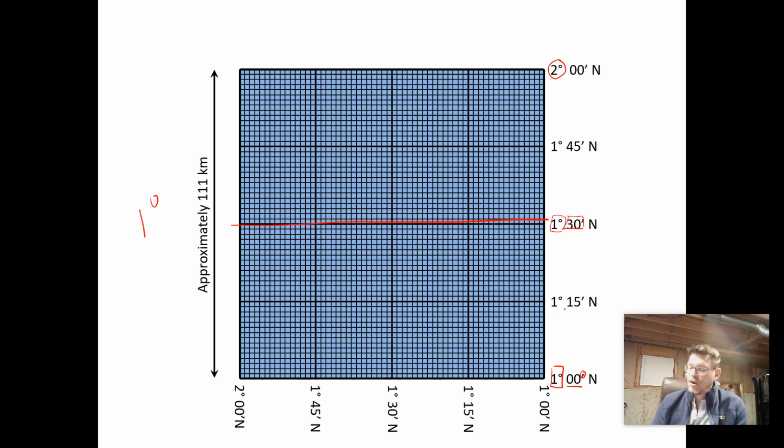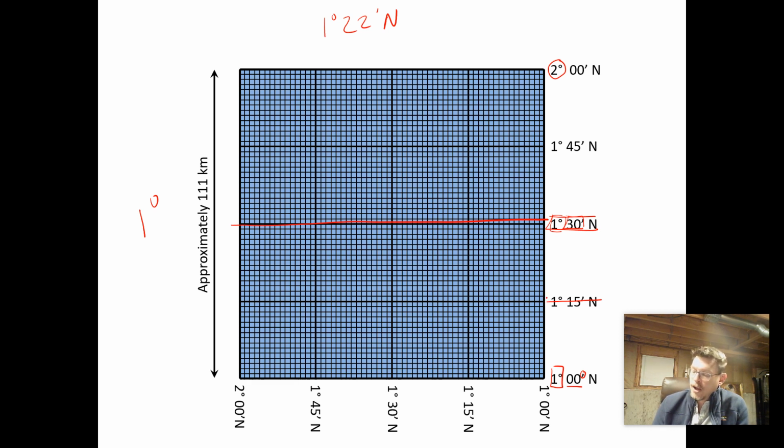All right, to answer that, I'll write that up here. 1 degree 22 minutes, we'll say we're looking for north latitude. So I would want to look at, okay, here is 1 degree 15 minutes. Here is 1 degree 30 minutes. I want 1 degree 22 minutes.